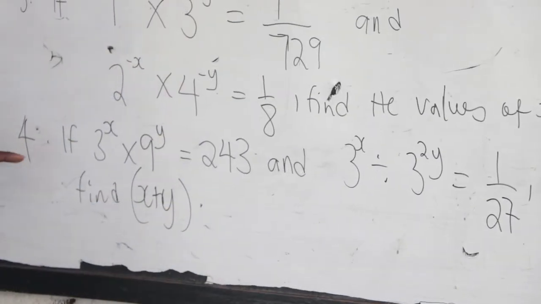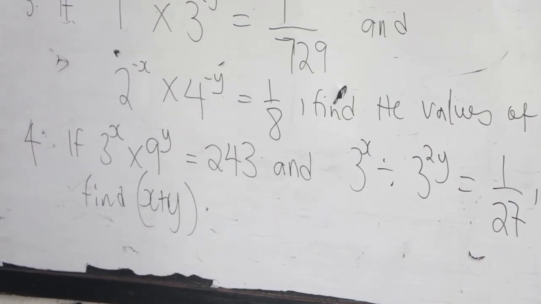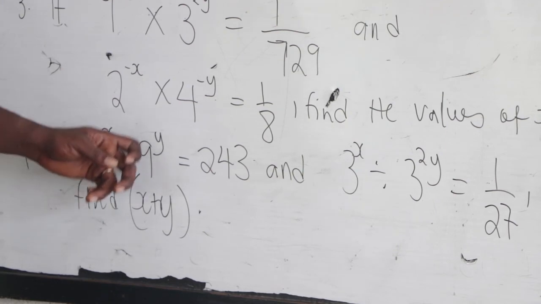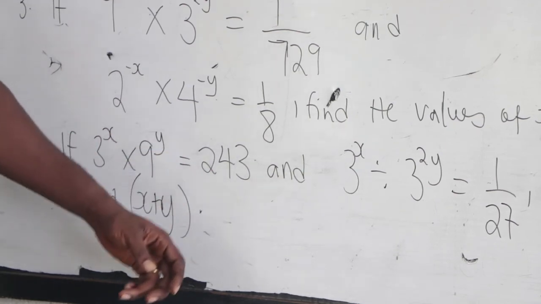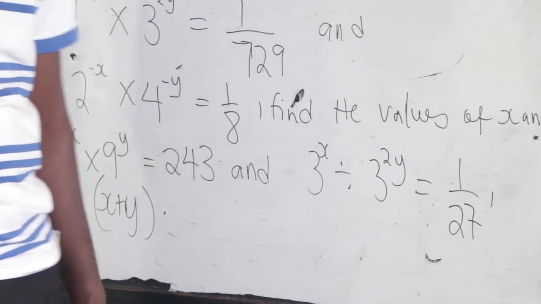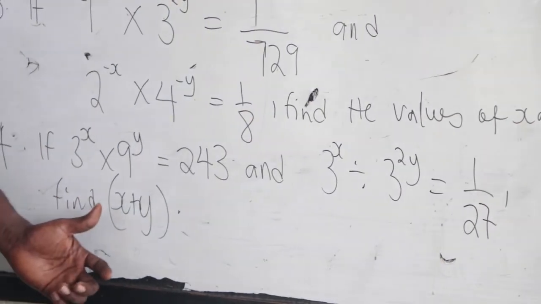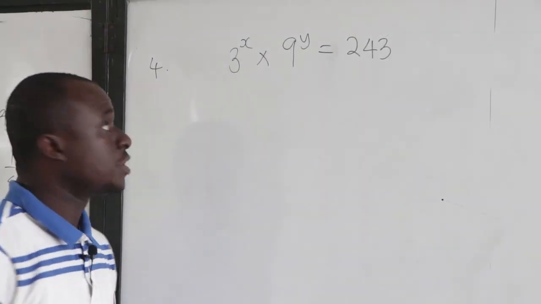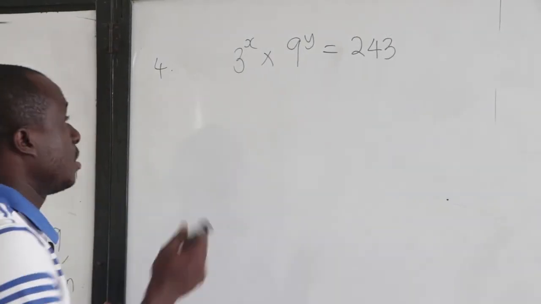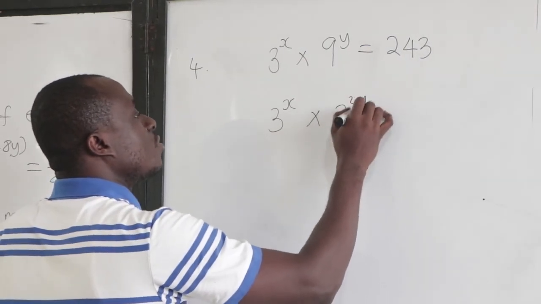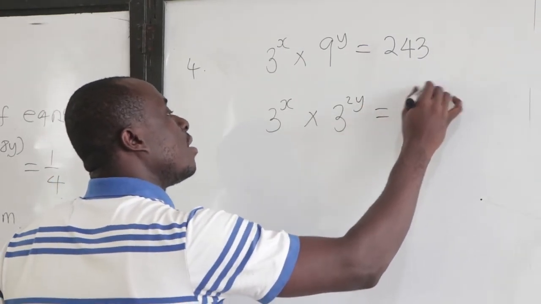Now let's see the fourth one. This is also a past question. This is November 2019. If 3 to the power x times 9 to the power y equal to 243, and 3 to the power x divided by 3 to the power 2y equal to 1 over 27, the question is to find x plus y. Now this is the first equation, so you have to make all the bases the same. So you have 3 to the power x times 3 to the power 2y equal to 3 to the power 5.